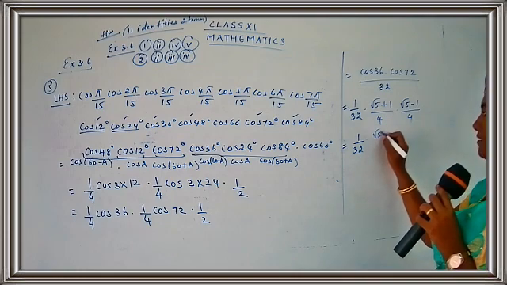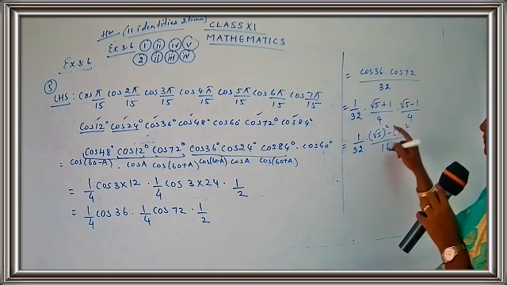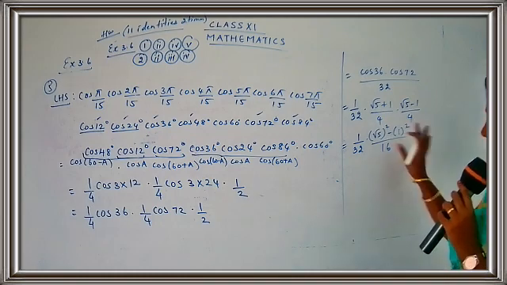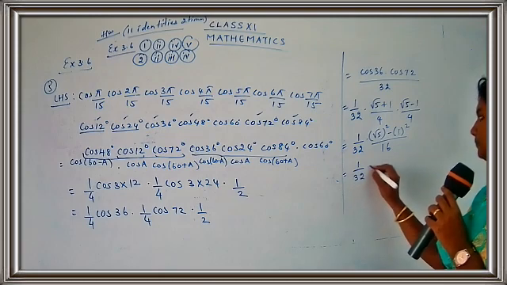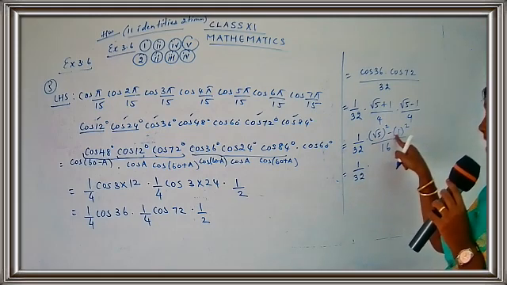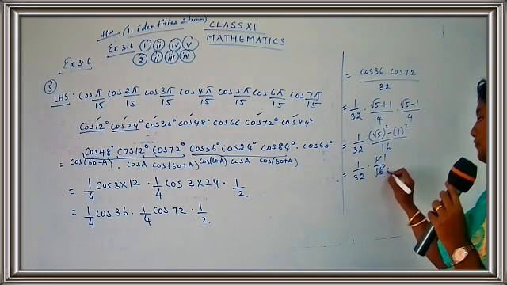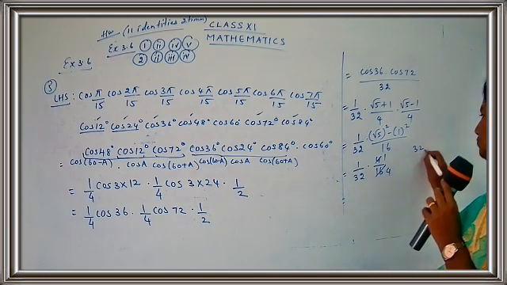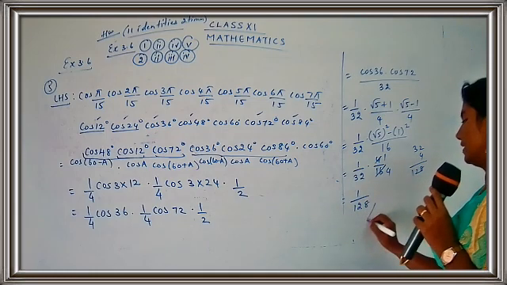Root 5 square minus 1 square by 16. 4 into 4, 16. Just keep this as it is. So I get here 1 by 32, 5 minus 1, 4 by 16. So 32 into 4.